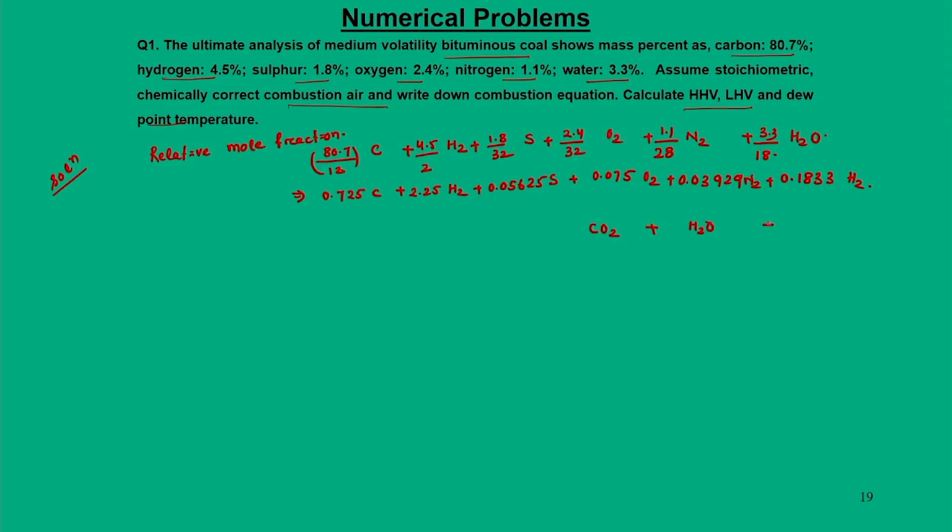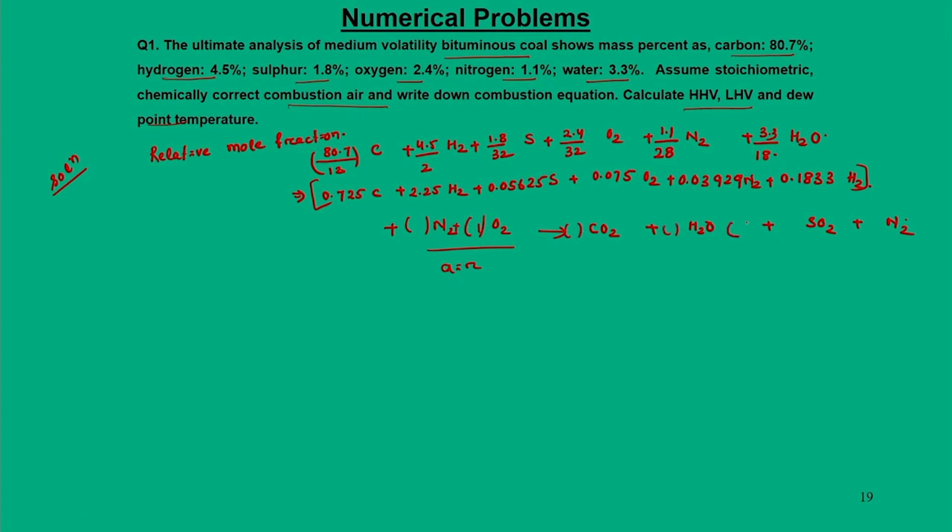Since we have sulfur, we have SO2, and we have also nitrogen. This fuel has to be mixed with N2 plus O2, because that means this is air, to give rise to this, but we do not know the quantity of N2 and O2 required.